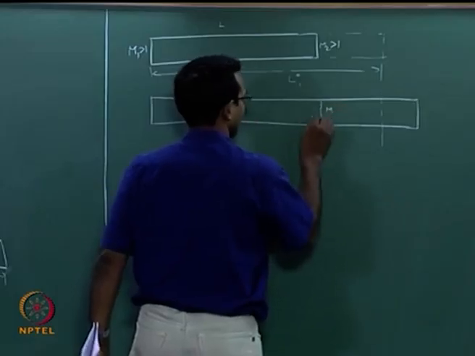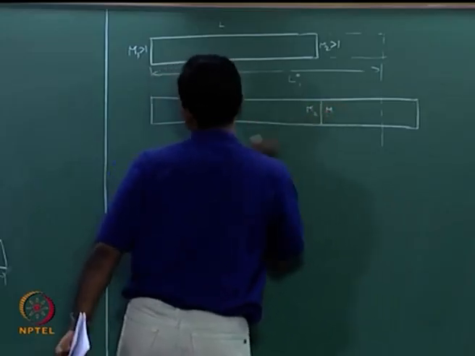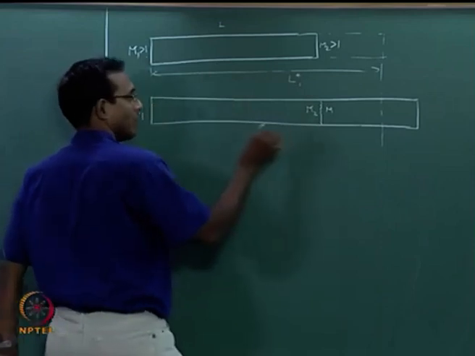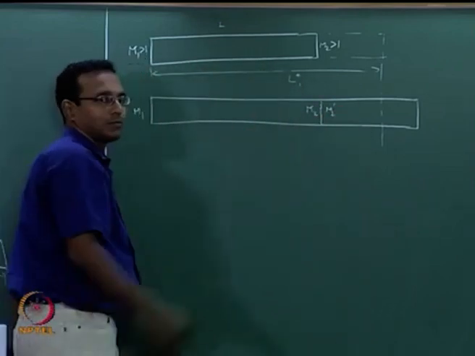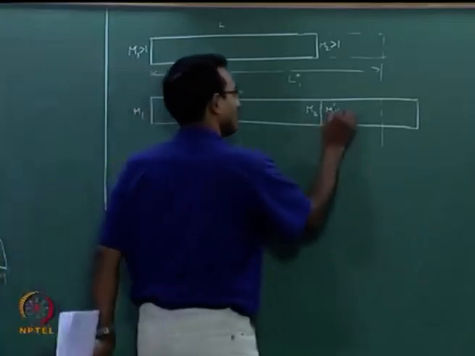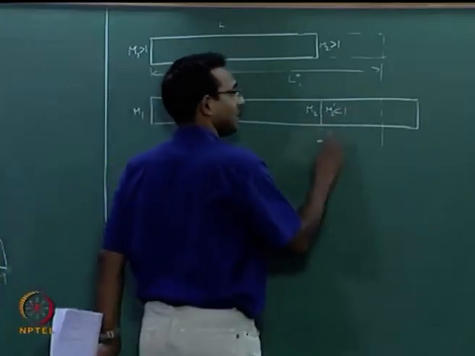Here it is subsonic flow. Now I will call this M1, M2, M2 prime, just downstream of the shock, immediately downstream of the shock. This is less than 1, and after that it takes the subsonic path.